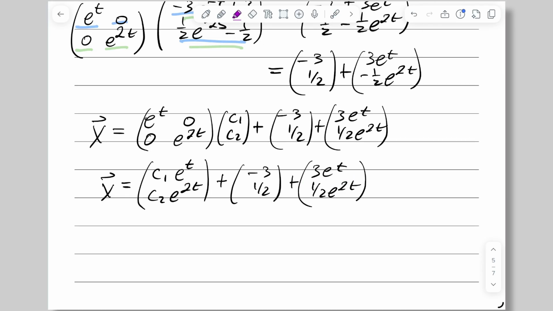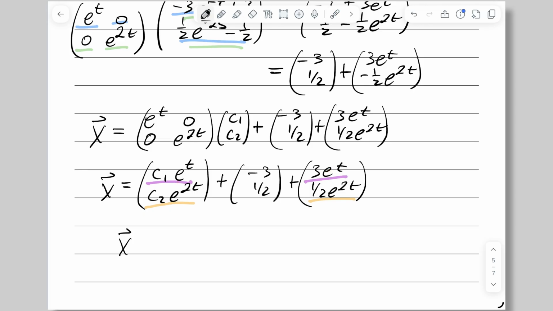You may notice looking across the first entry of all of our vectors that we have a C1 e to the t and a 3 e to the t. Likewise, in the bottom entry of our vectors, we have a C2 e to the 2t and a 1 half e to the 2t. We're going to combine those and let constants subsume the like terms.